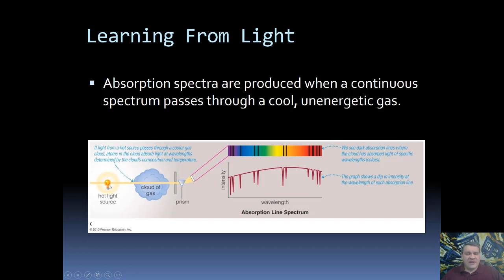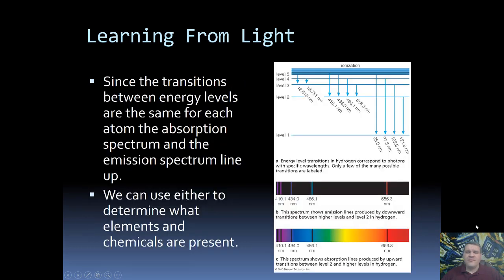This continuous spectrum then passes through a cool cloud of gas. The cool cloud has electrons in low energy levels. As the light hits those electrons, they absorb the colors and energies of light that they're able to and transition up. But because that light has now been absorbed, when we look through the cloud, we are missing certain lines of color. So this is how an absorption spectrum is produced.